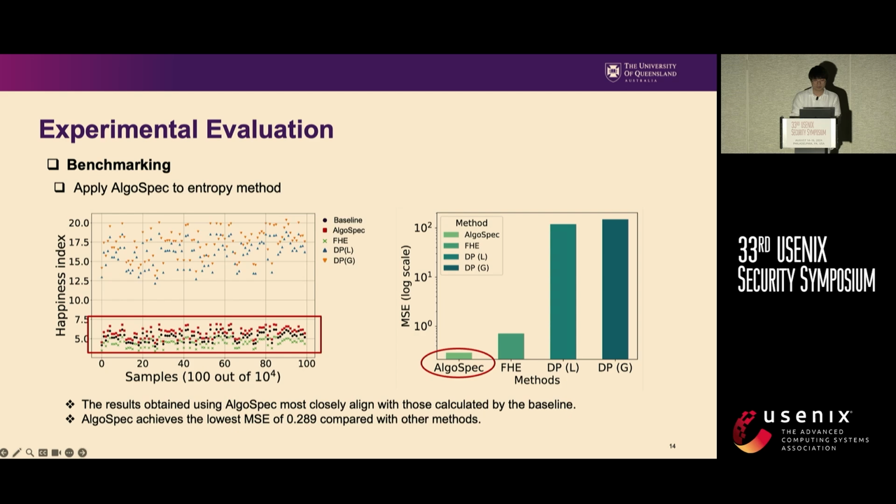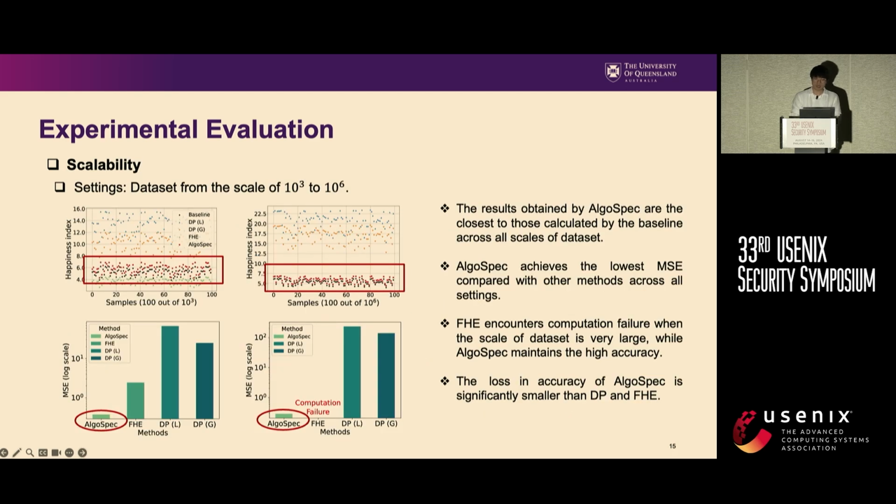limitation principle. Okay, so we also evaluate the scalability of AlgoSpec by using datasets ranging in scale from 10 to the power of 3 to 10 to the power of 6. The evaluation results show that the results obtained by AlgoSpec are the closest to those calculated by the baseline across all scales of dataset.